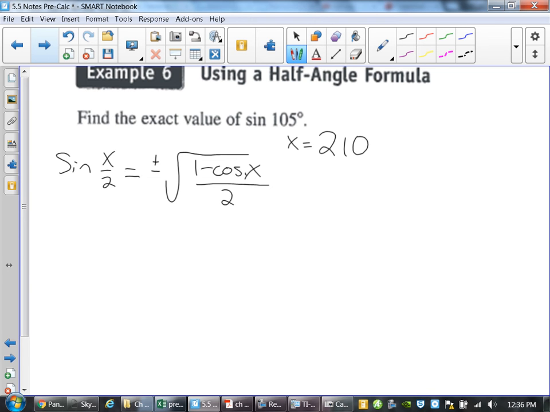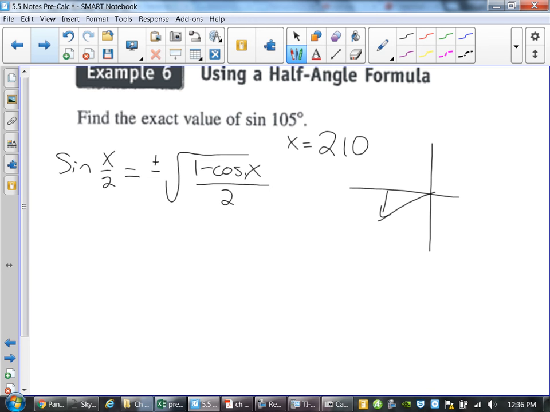210 drops to the third quadrant, and it has what as a reference angle? How far is 210 off? Oh, 30. It's 30. So we start playing around with that. We know that you're in the third quadrant. You have a 30-degree reference angle.